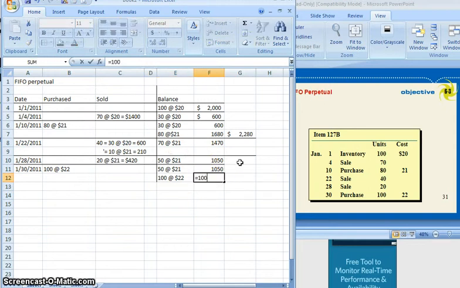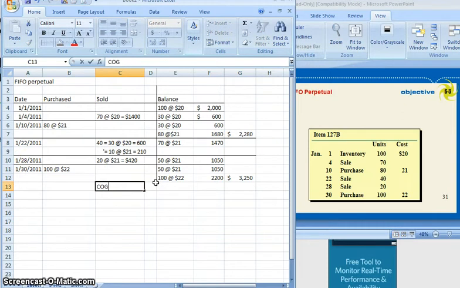So equals 100 times 22. So your ending inventory at the end of the month at this point is $3,250. And the other number that you can pull from this is the cost of the items that you sold.